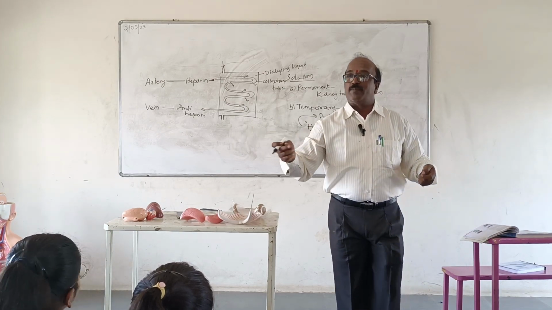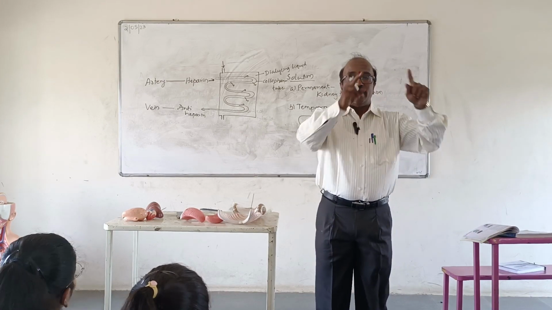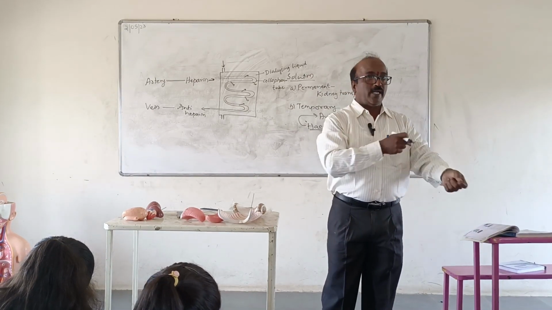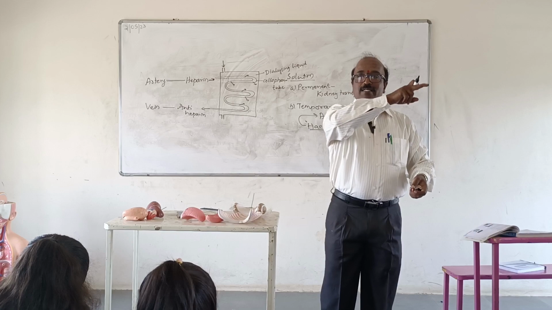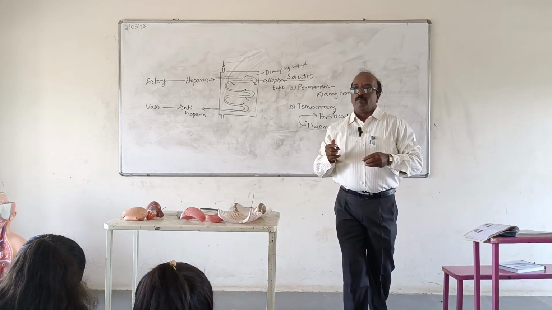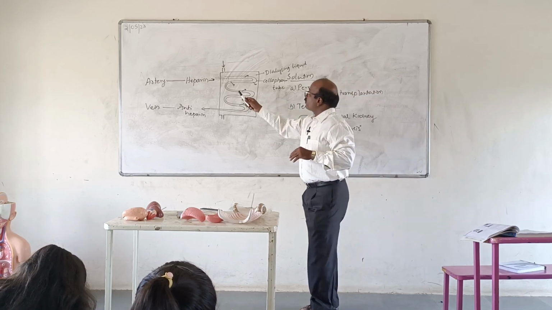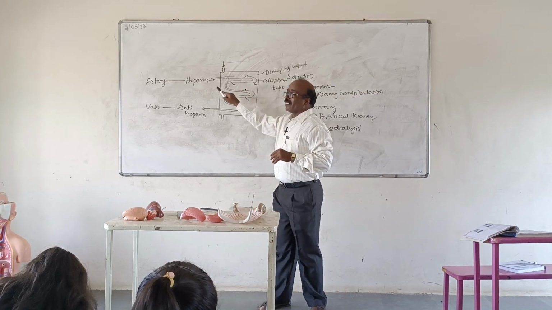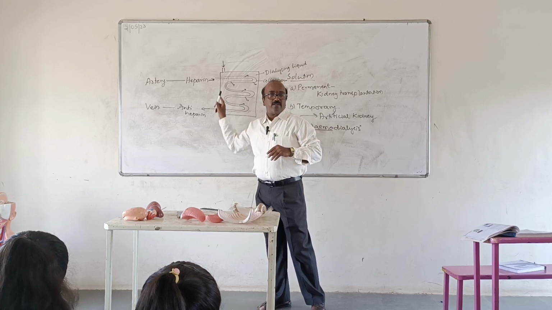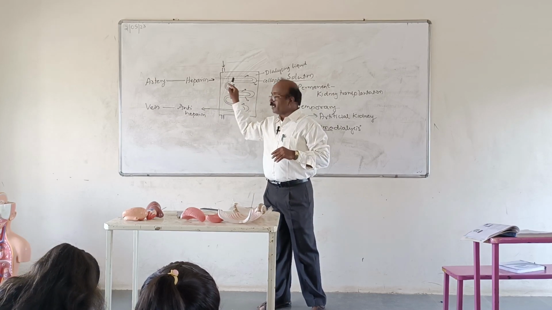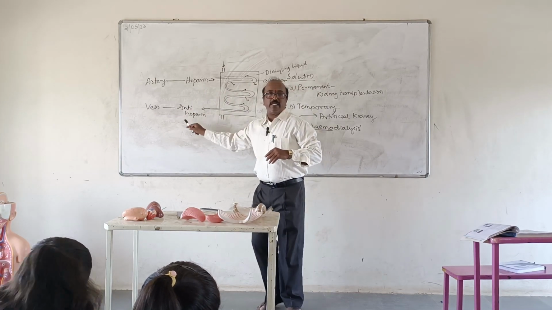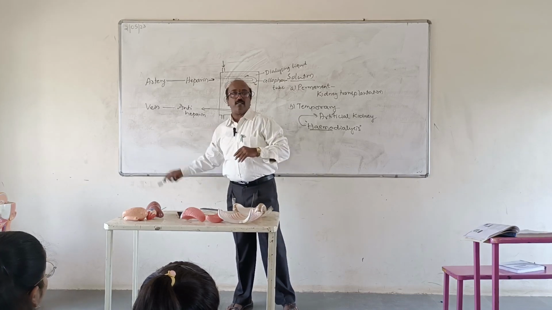In your textbook, you can see a picture of a person lying down with an instrument. It passes through continuously, two to three times, and afterwards, after cleaning, it is put back into the vein.